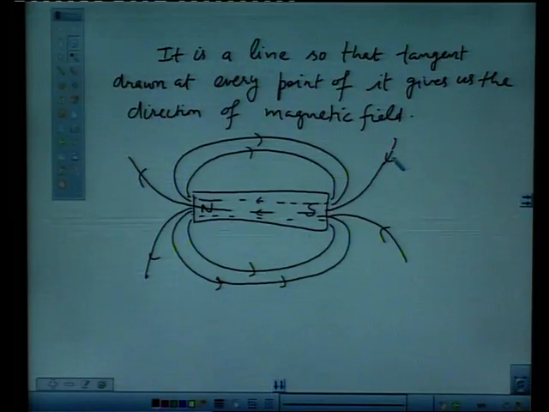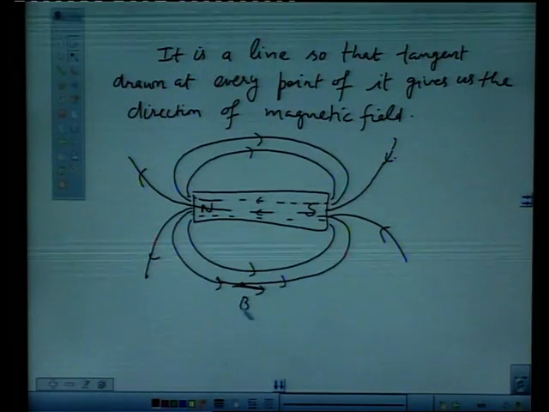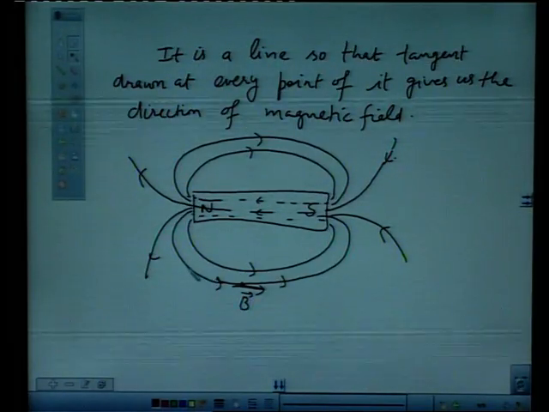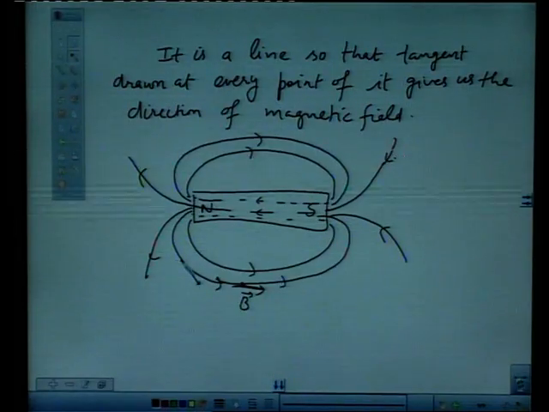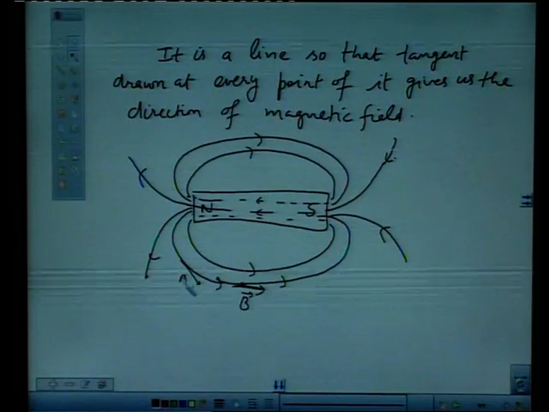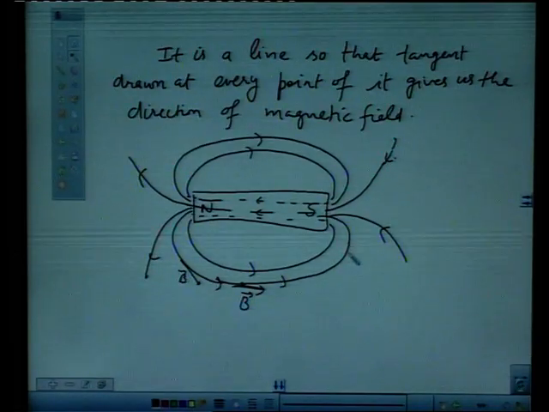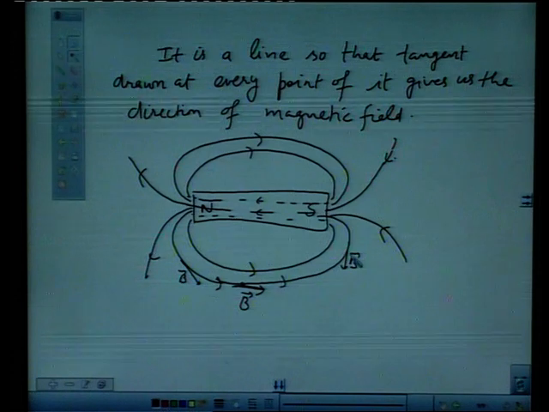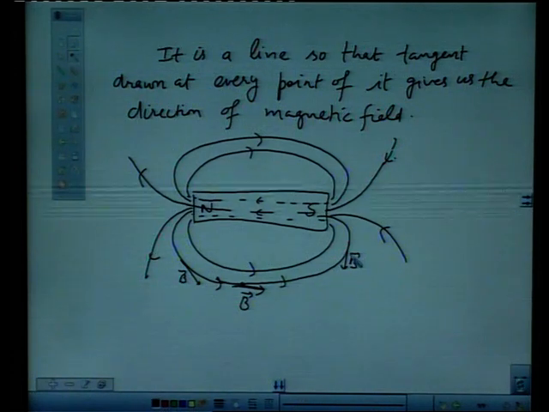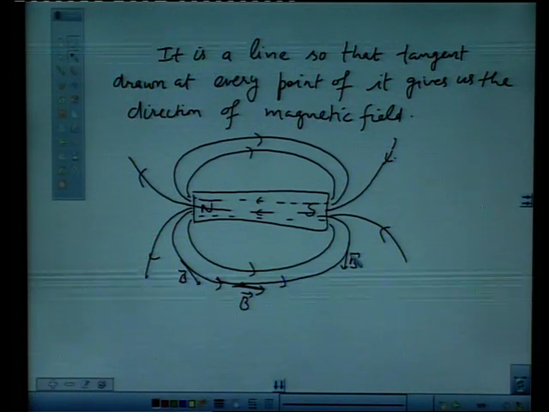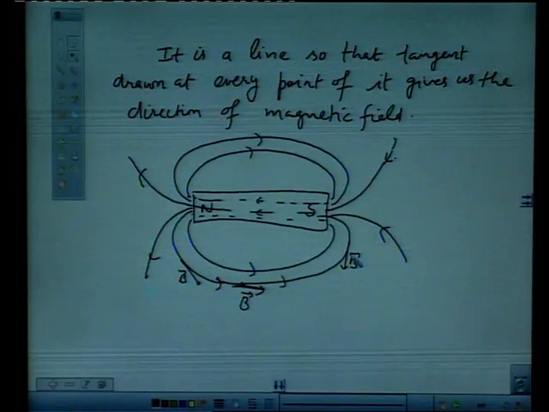So we can say that if we draw a tangent at any point of it, let us take this point and we draw a tangent. This gives us the direction of magnetic field. So at this point, this is the direction of magnetic field. So at various points of magnetic lines of force, we have various directions of magnetic fields.